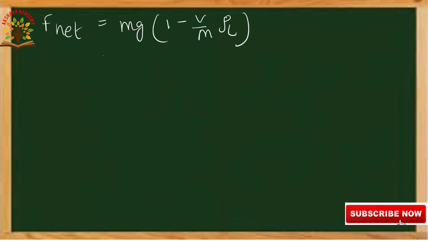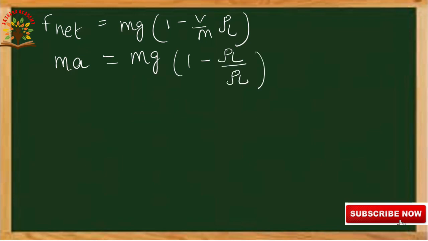Next, from Newton's second law of motion, F net is equal to ma, which is equal to mg of 1 minus rho L by rho s, since V by m is equal to 1 by rho s; volume by mass gives the inverse of density.